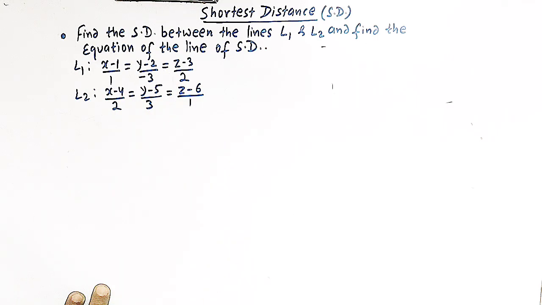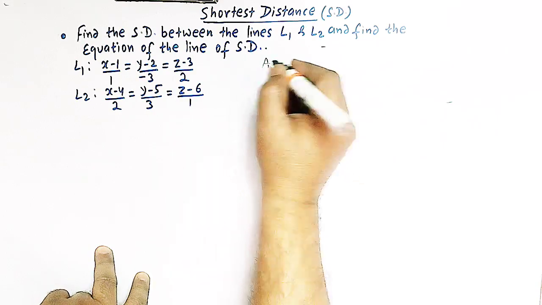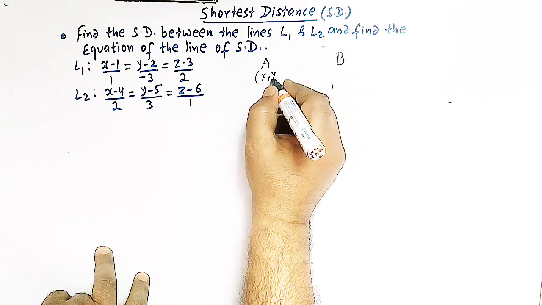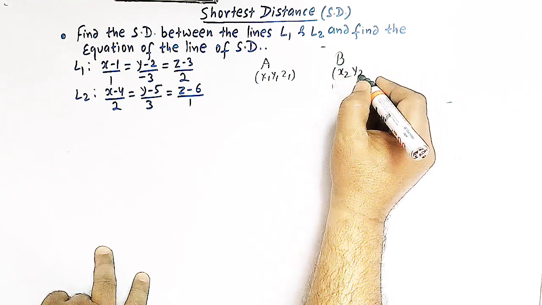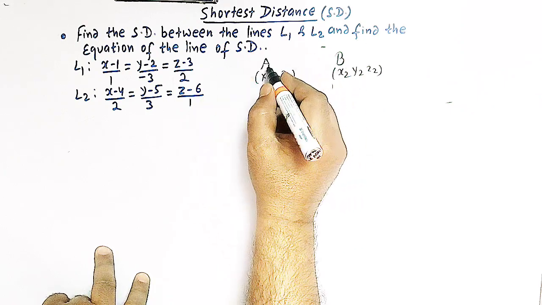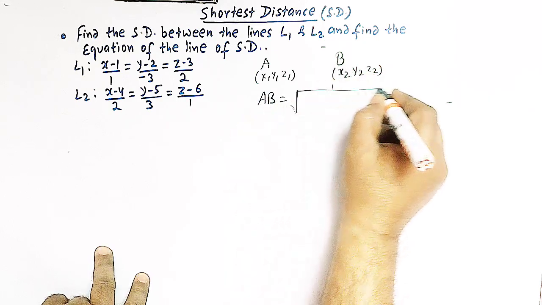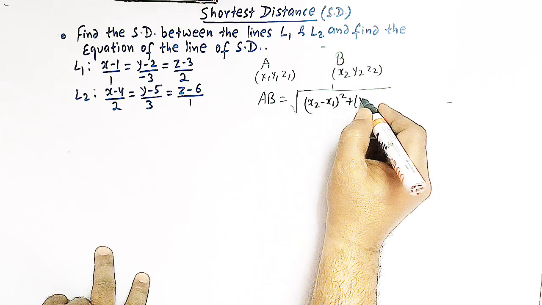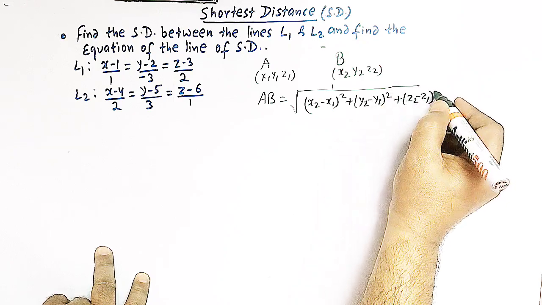In three-dimensional geometry, if we have two points A and B, and the coordinates of the point A are x1, y1, z1, and the coordinates of the point B are x2, y2, z2, then according to the distance formula, the distance between the points A and B is given by this result, that is the square root of (x2 minus x1) squared plus (y2 minus y1) squared plus (z2 minus z1) squared.